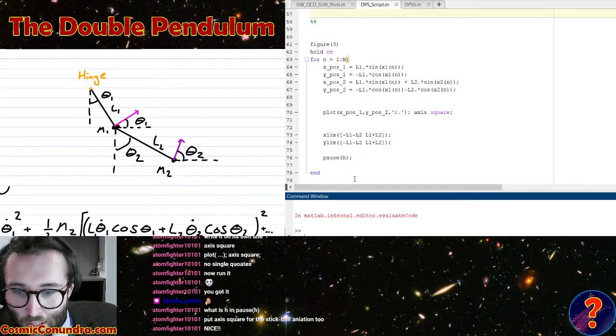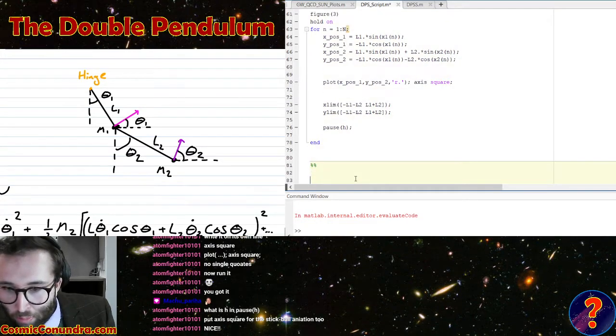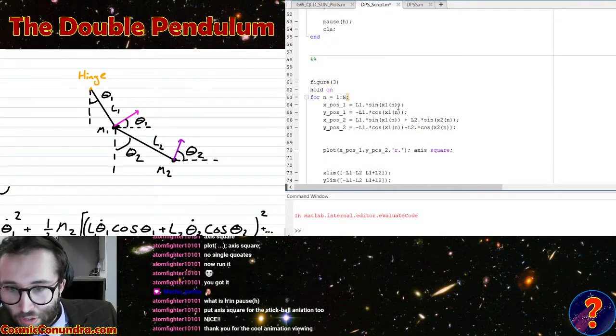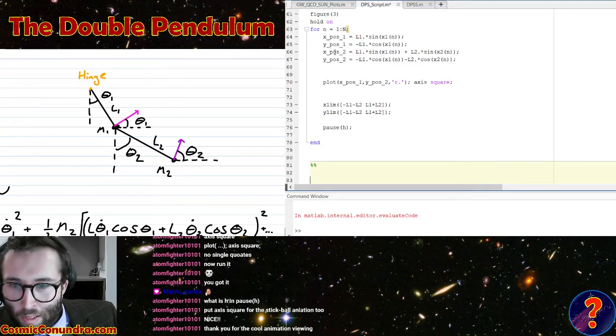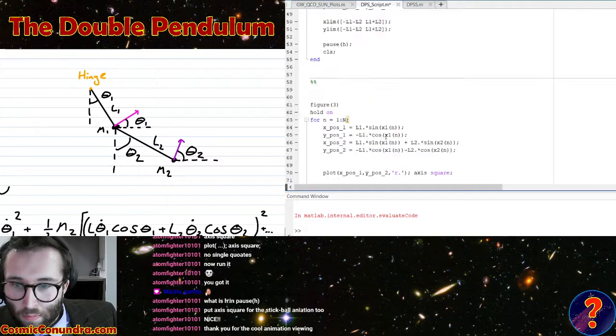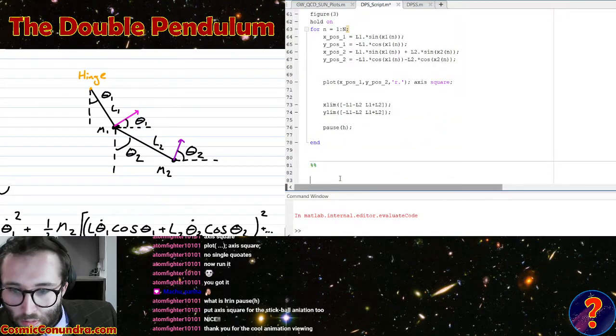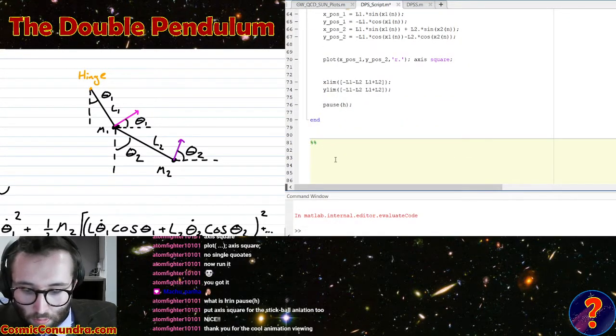Okay, so now I want to just basically redo this plot, but for two different sets of initial conditions. Okay. So I am going to take what I've got up here. This is my function up here.